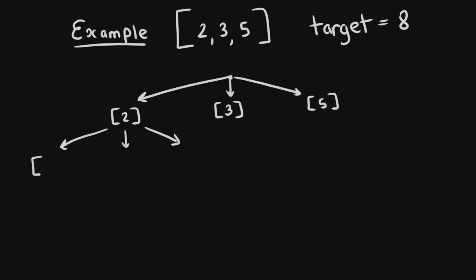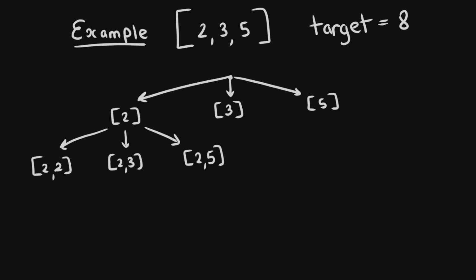We'll say we have 2, 2, we have 2, 3, and we have 2, 5. These are the options, and we would obviously continue that for the 3 and the 5.